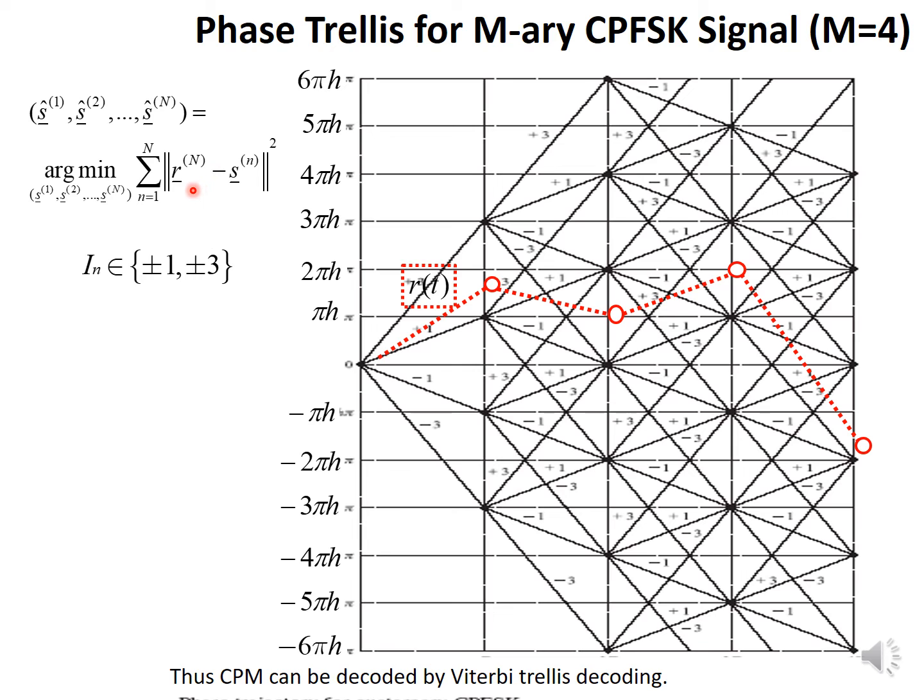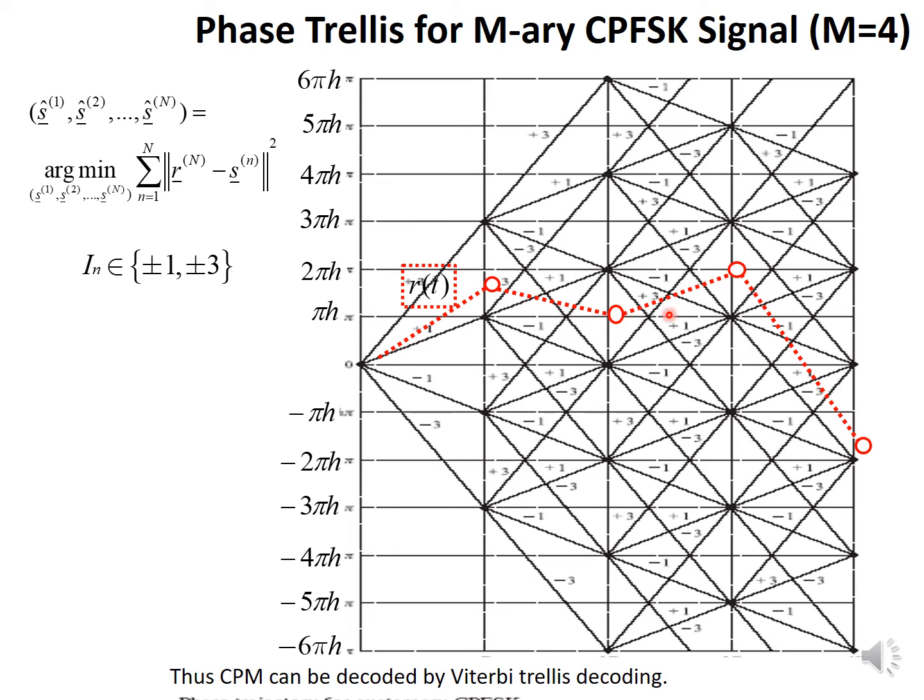The differences between the received sequence and each candidate together make the overall path-to-path difference.